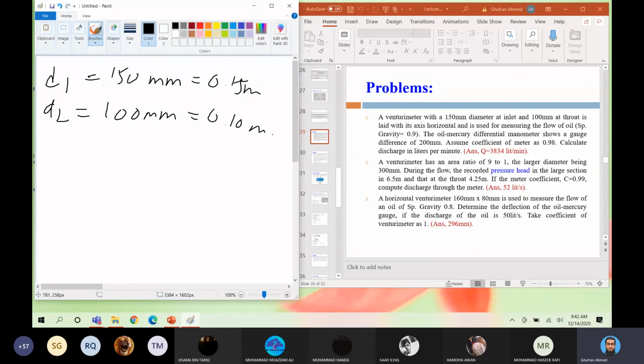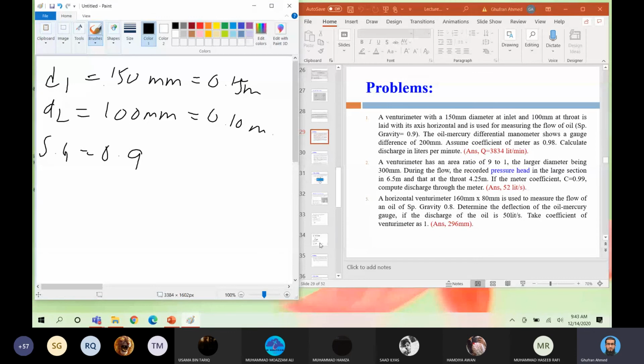At throat is laid with axis horizontal, Z1 Z2 same हो जाएंगे, and is used for measuring the flow of an oil having specific gravity 0.9 हो गया जी oil की. The oil mercury differential manometer shows a gauge difference of 200 millimeter. ठीक है जी, गेज डिफरेंस 200 मिलीमीटर है.